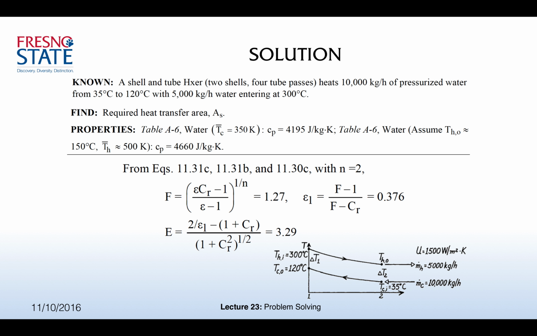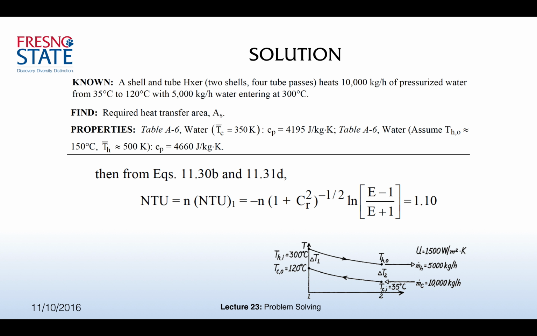Now I can use this E to find NTU1. And from NTU1, I just multiplied by N to find the NTU for our heat exchanger with multiple, or in this case 2, shell passes.